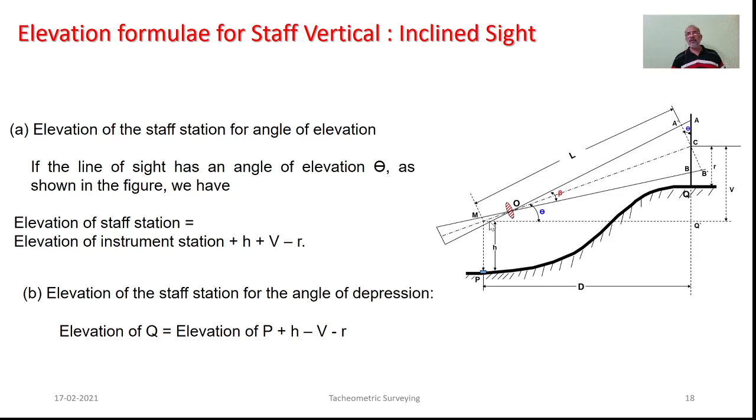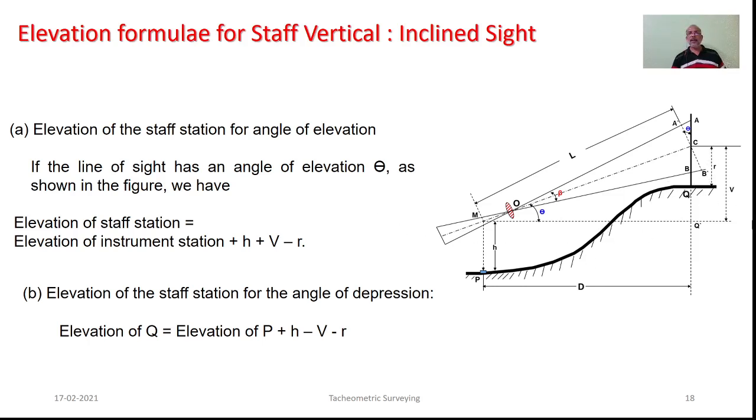Otherwise, alternatively, we can take a backsight on a certain known point of elevation in order to determine the height of instrument. As we determine this particular HI, then we can have it summed up with V the way we worked out earlier, which is nothing but D tan theta. And in order to work out that particular reduced level of station, we can deduct the R.